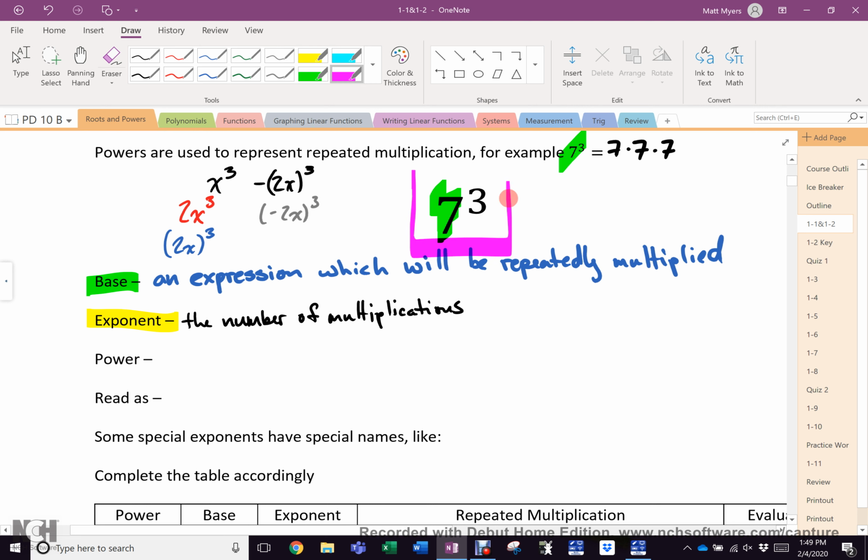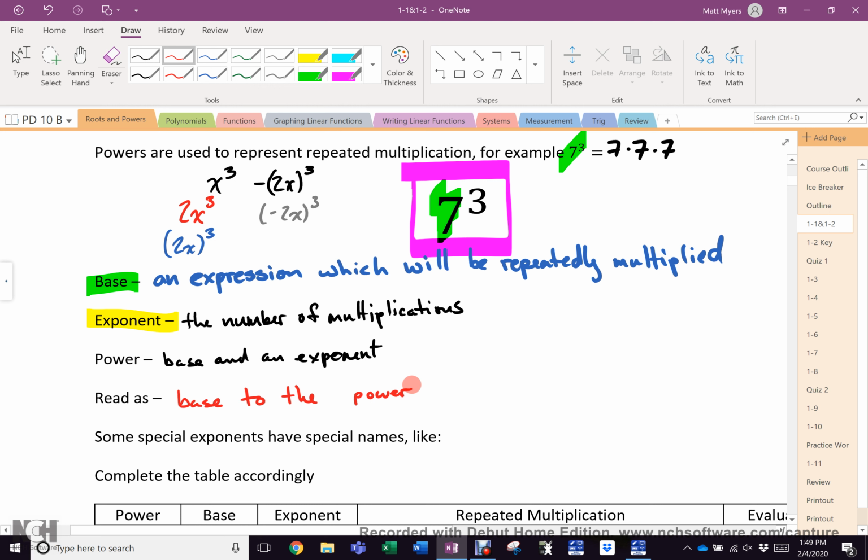A power is the whole thing. It's a base and an exponent. It's not just 3. And how do we read it? Yeah, base to the power. So 7 to the power of 3 or 7 to the third power.